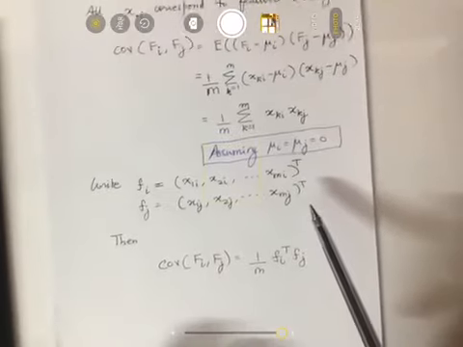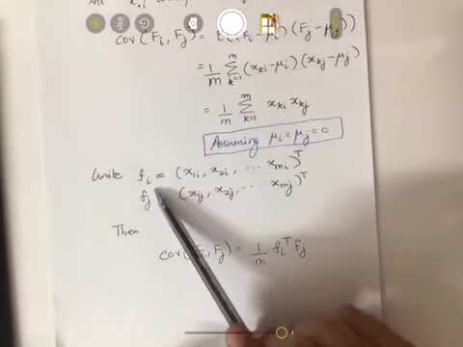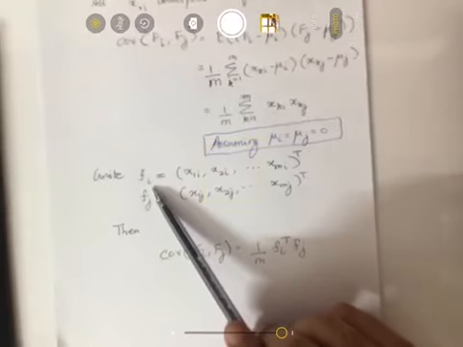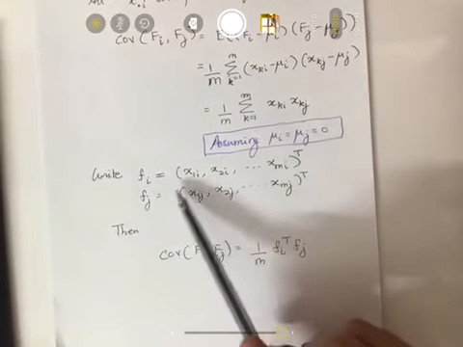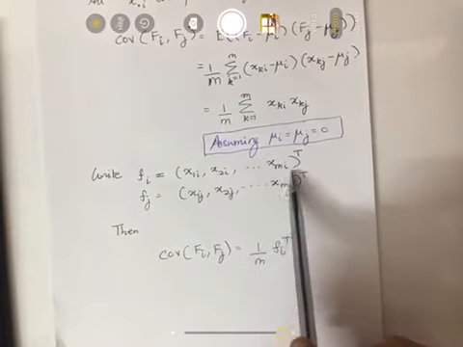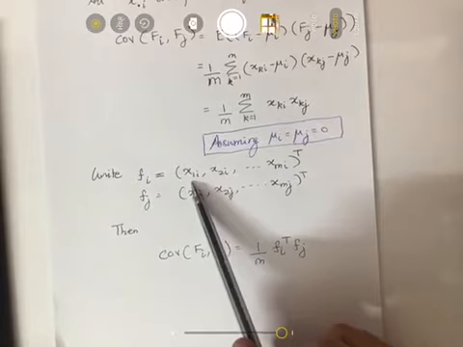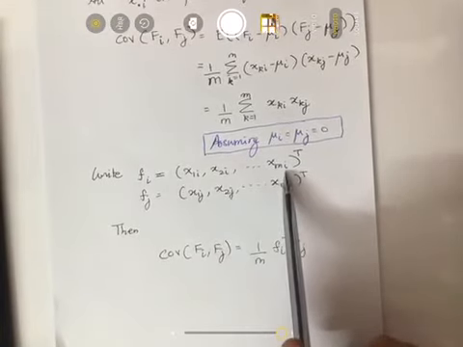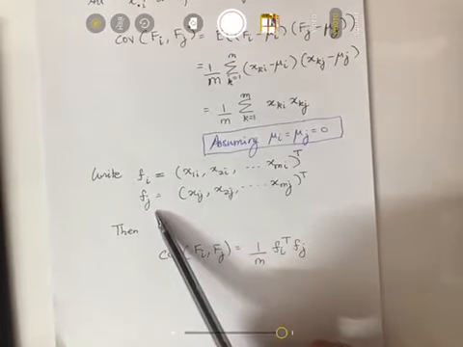Now let us represent the ith feature as Fi, by a vector representation. So Fi will be the ith feature value across all the examples, and we can write that as ith feature in first example, ith feature in second example, and so on up till the mth example, and similarly for the jth feature.